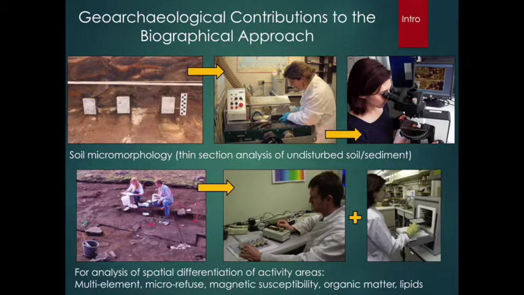Organic content analysis, multi-element analysis, you can look at lipids now. So there are all sorts of different techniques that we can use if you sample systematically on a grid, to understand the use of space better at activity areas.